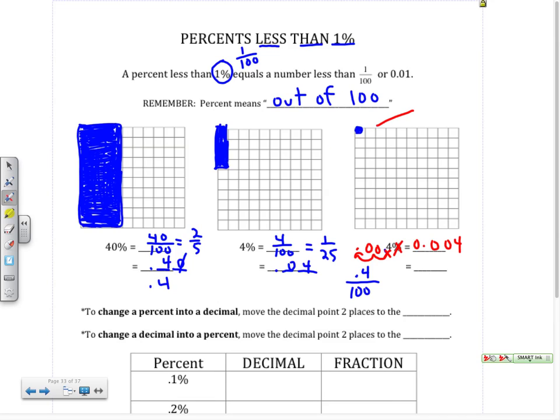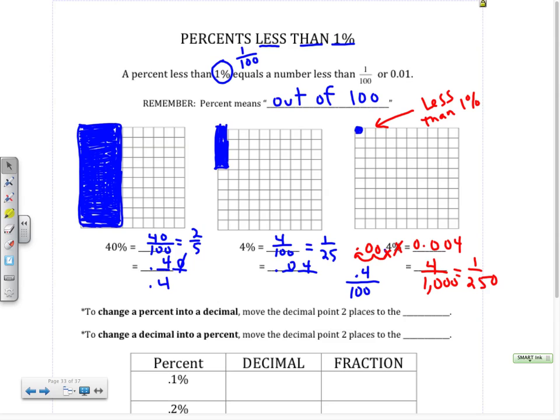And if you look at this model, this is modeling less than 1%. So 4 thousandths is much less than 1%. If I wanted to write this as a fraction, I could have written it as 4/1000ths. And if I simplify it, it would be 1/250ths.